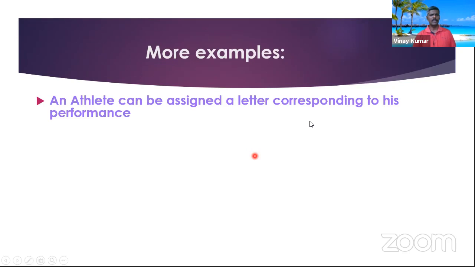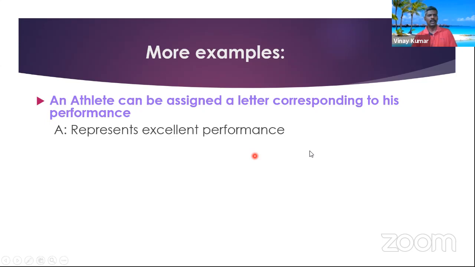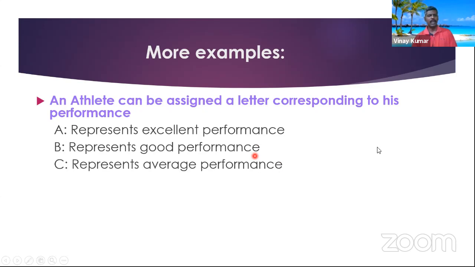So for example, for having a better idea on the concept of what to measure, imagine an athlete. If I'm doing a research on an athlete, he can be assigned a letter corresponding to his performance. For example, A represents excellent performance. B represents good performance. And C might represent average performance.